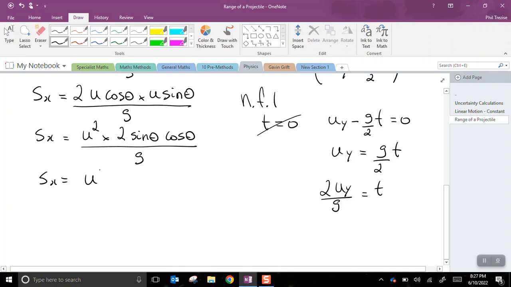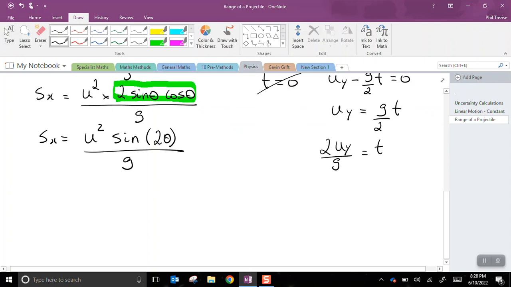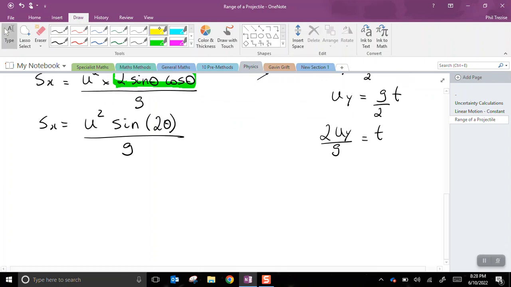Now, there's a formula in mathematics that says this part here, 2 times the sine of theta times the cosine of theta, is the same as the sine of 2 times theta. Now that's my formula for the range of the projectile.